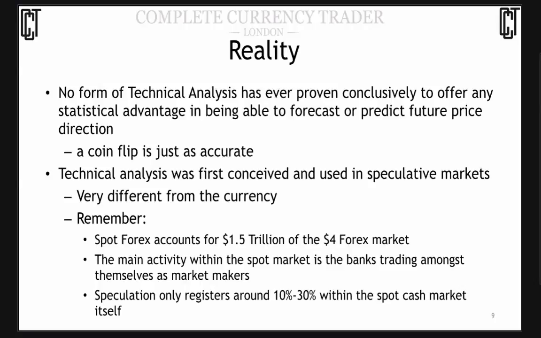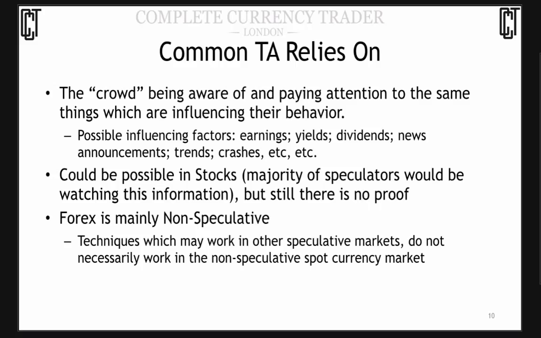So you've got the spot market at 1.5 trillion, less than half of the full market, and then less than 30% of that is actually speculative trading. So it's very, very different from the markets that technical analysis was first based on, which is a transaction-style market.